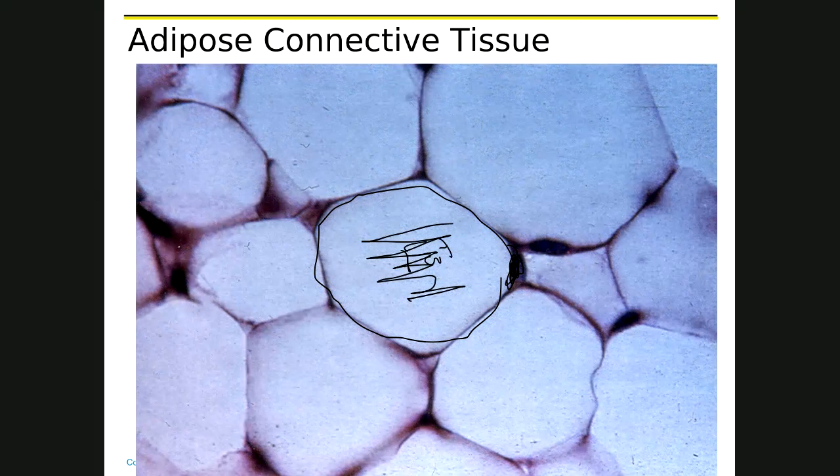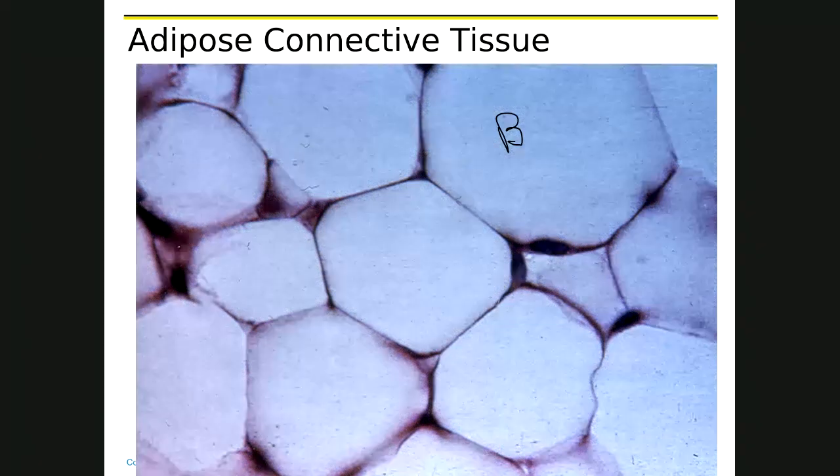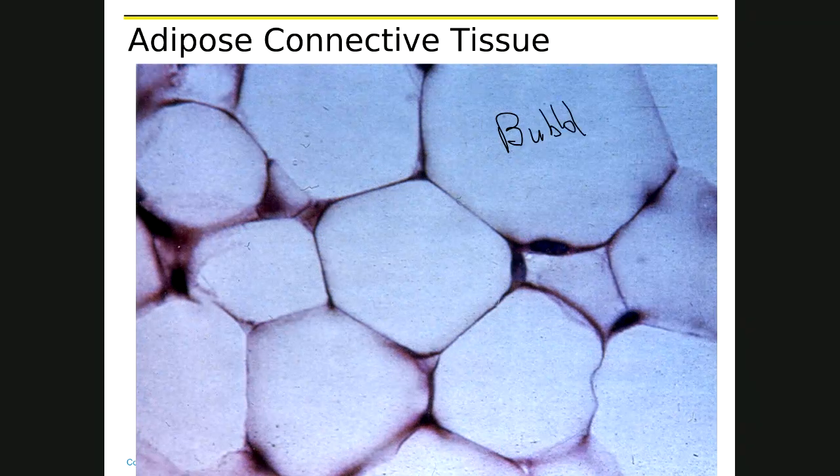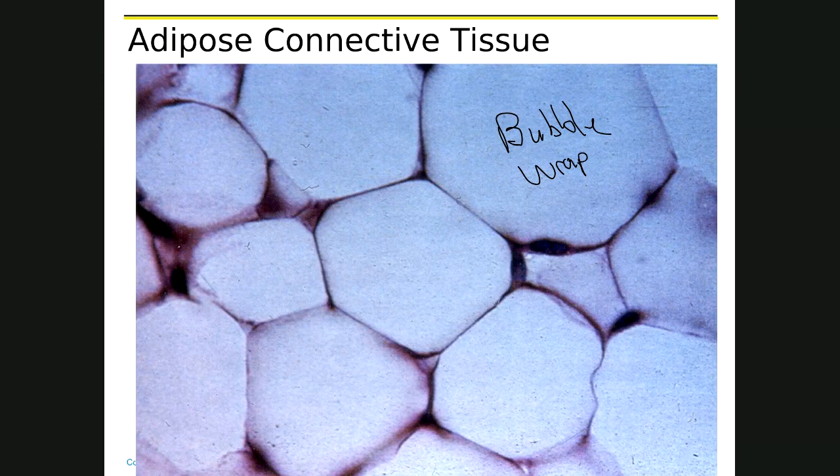Liquid fat. And so a good way to imagine what these look like is to think about bubble wrap. Everybody in here familiar with bubble wrap? Think about what you use bubble wrap for. You wrap up things that are delicate, that might break or get damaged. And what it does is it absorbs shock.